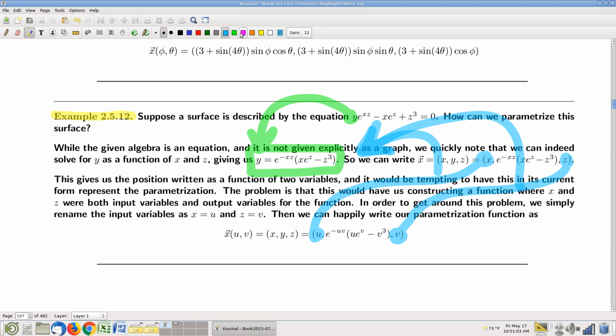Put those into there. Y then has to be that. We just parameterized this horrifying surface that I cannot draw. Okay. All right, I'm a big fan. There are some other kinds of parameterizations that we'll talk about later on, but not now.